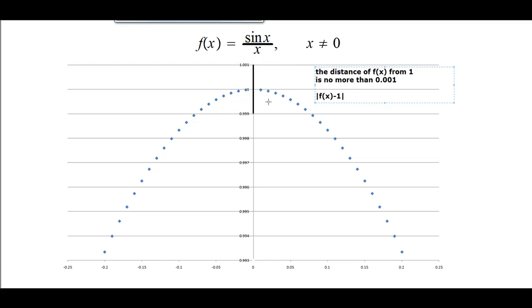So staying in here means what? That the absolute value of the difference between f(x) and 1 is less than 0.001. That means we wanted to keep our function within this much distance from this value 1.